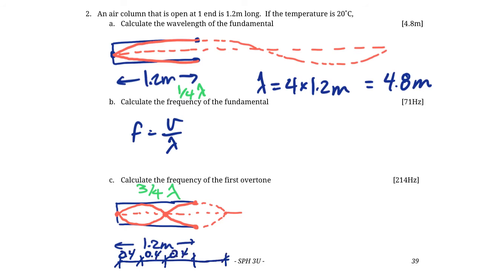And there's an extra 0.4 at the end that's going to complete that wave. So the whole wavelength is going to be 1.6 meters. It's actually asking us for the frequency of the first overtone, and you can calculate that in the same way that we calculate the frequency of the fundamental. So I'll leave that again as an exercise for you. Pause the video here, give it a shot.